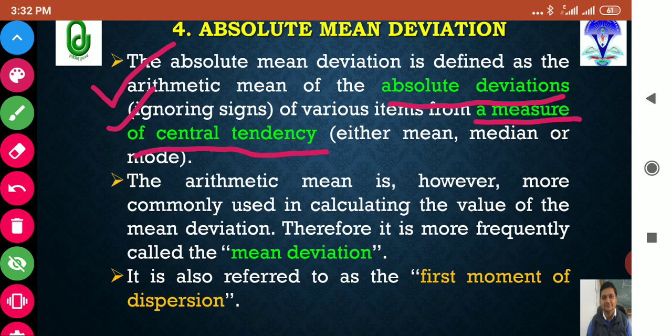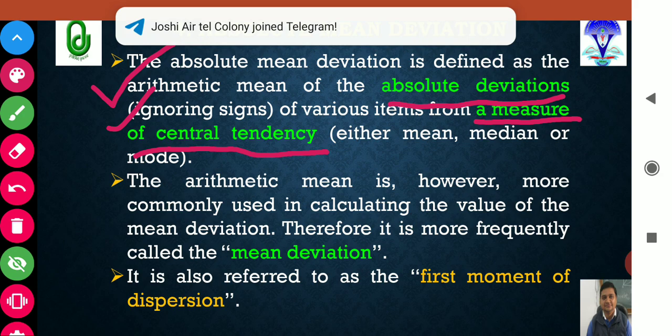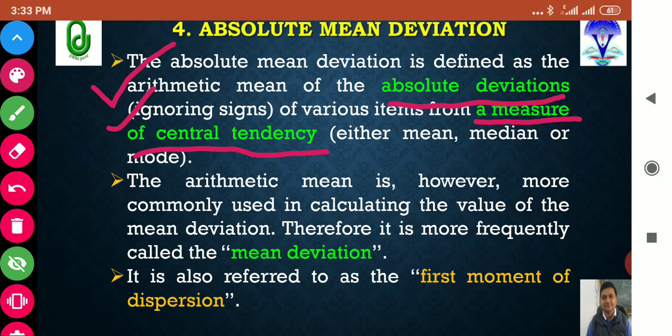So this is very important. Arithmetic mean of what? Of absolute deviation, when you are ignoring the sign. And deviation from where? It is the absolute deviation from a measure of central tendency. Whatever measure of central tendency you are taking, it is the deviation from that measure, ignoring the signs.